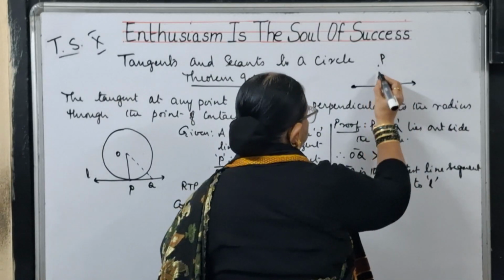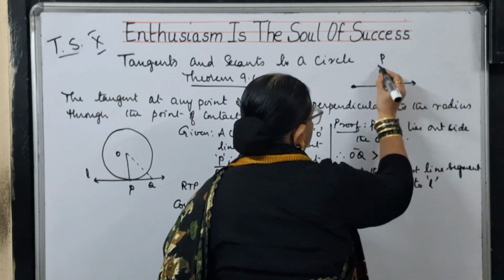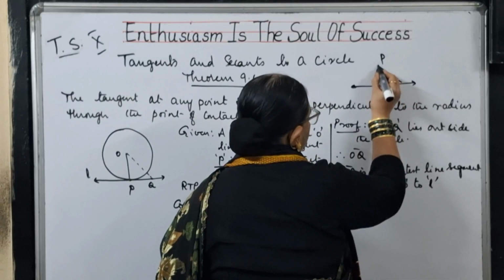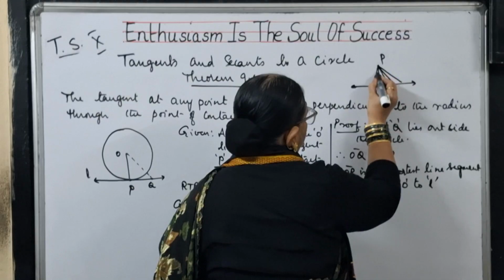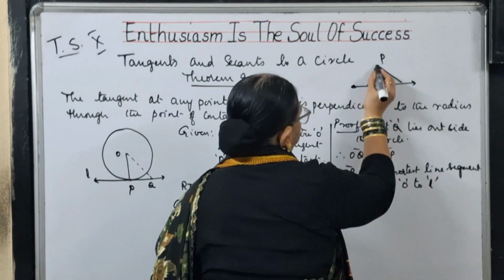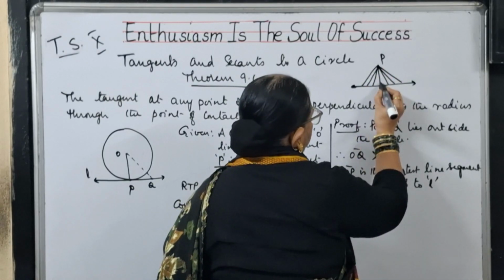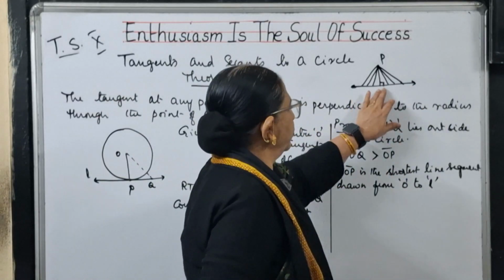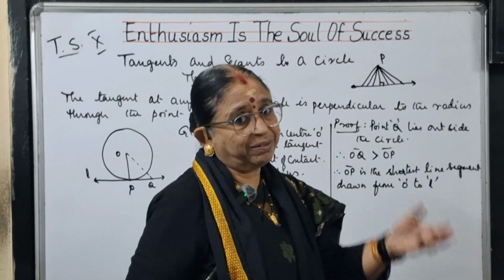From this point P, if you draw any number of line segments like this, the shortest one is always perpendicular. This is what you have done in your previous class.